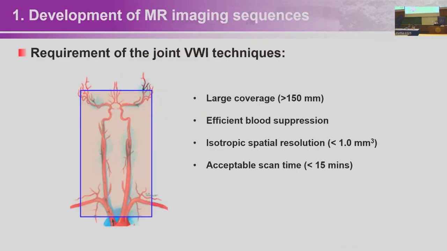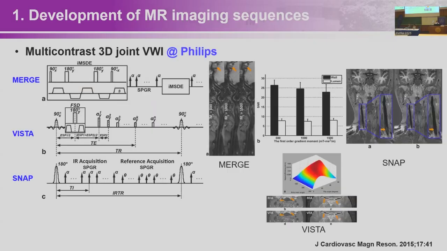So here I'd like to share information about the development and optimization of MR vessel wall imaging techniques for joint vessel imaging. In terms of technical concerns, we need to consider the following points: large coverage, efficient blood suppression, isotropic spatial resolution, and acceptable scan time for joint vessel imaging.